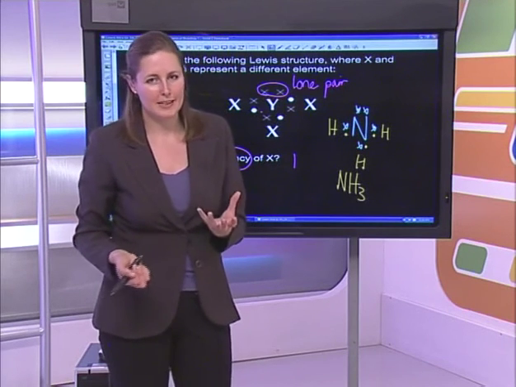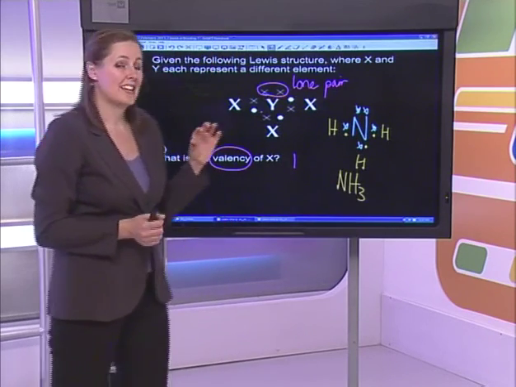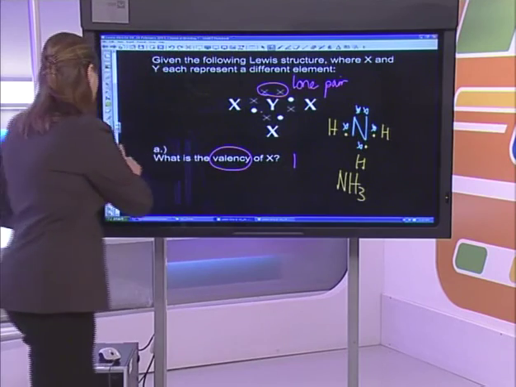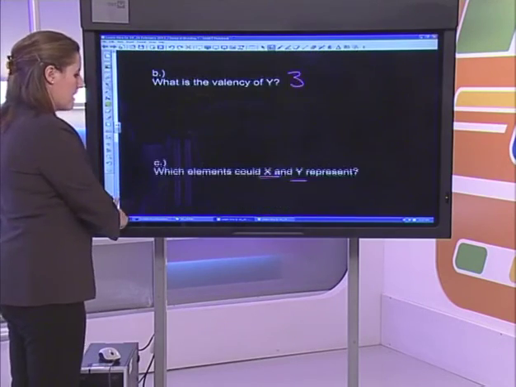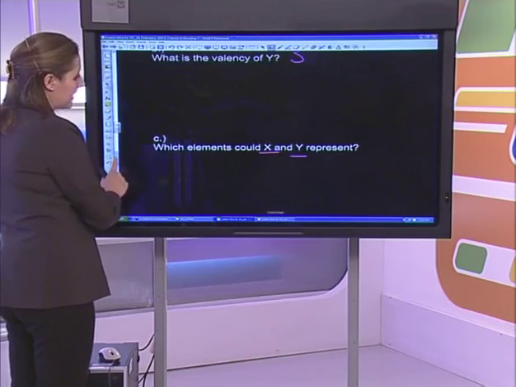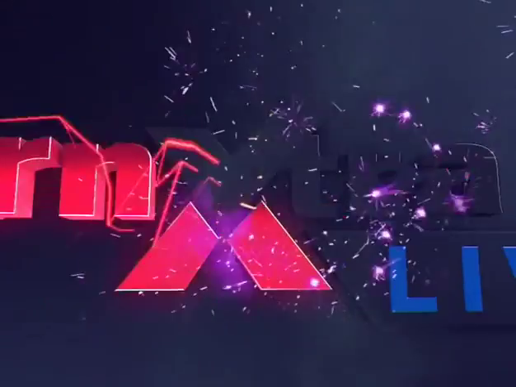So it's quite a common substance. I would suggest that it's going to be nitrogen with hydrogen to make up those 2. So let's go back. Which elements could X and Y represent? Well, it could be anything. X could be anything in group 1, and Y could be anything in group 15.